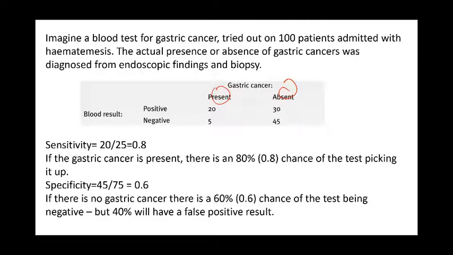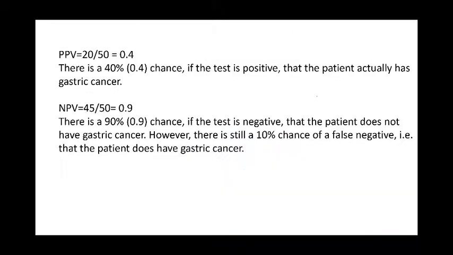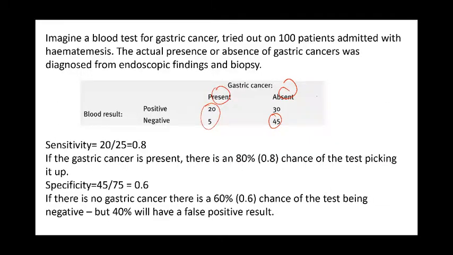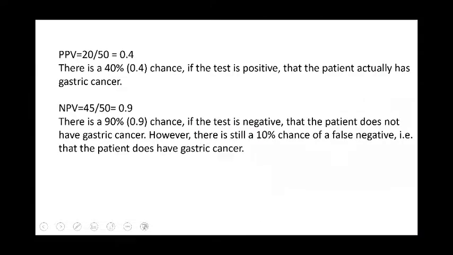And our blood result is the diagnostic test we want to test. So this is the 2x2 table which we have obtained from the results. Now sensitivity here, again, is A by A plus C, so 0.8. So if gastric cancer is present, there is an 80% chance of the test picking it up. And specificity is 45 by 75, 45 by 45 plus 30, 0.6. Now positive predictive value would be 20 by all the patients who have tested positive, 20 plus 30, so it is 40%.